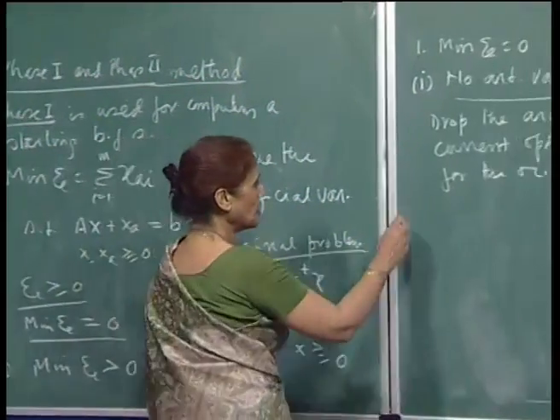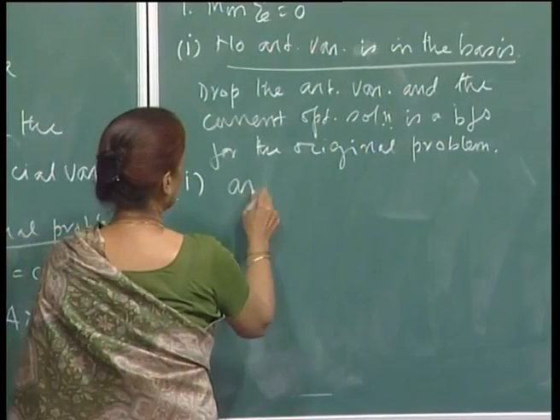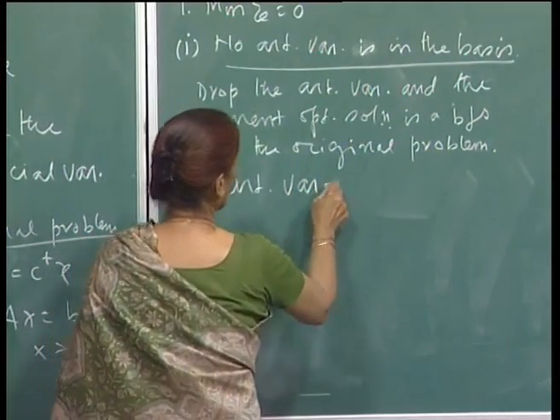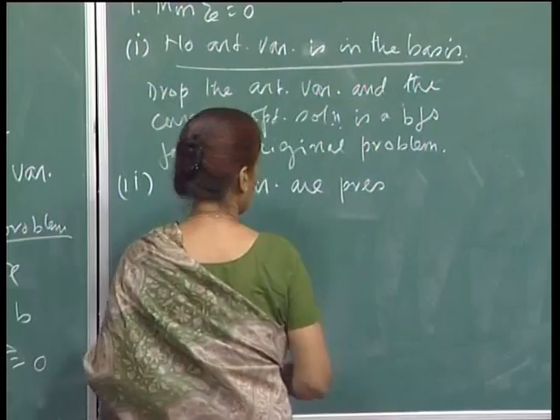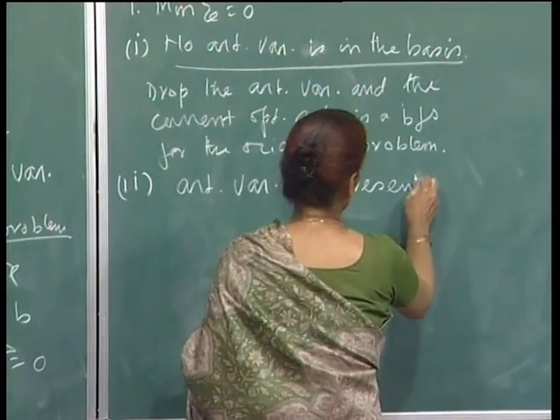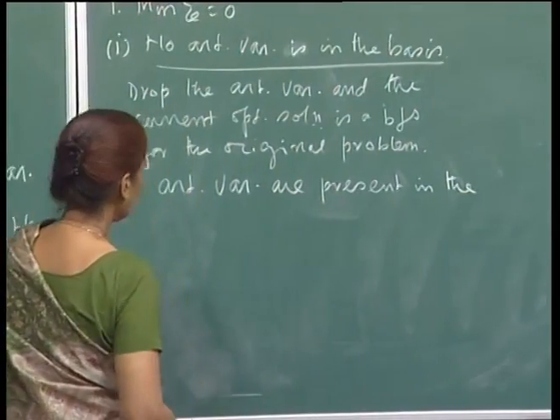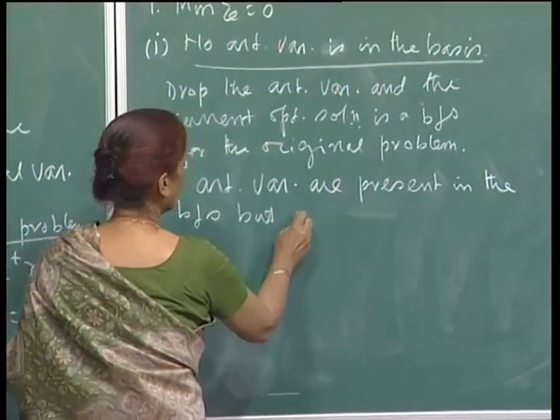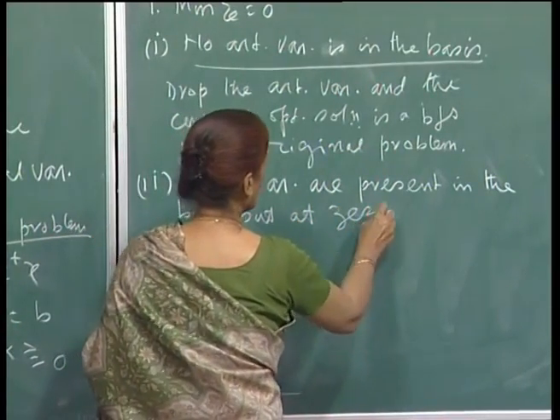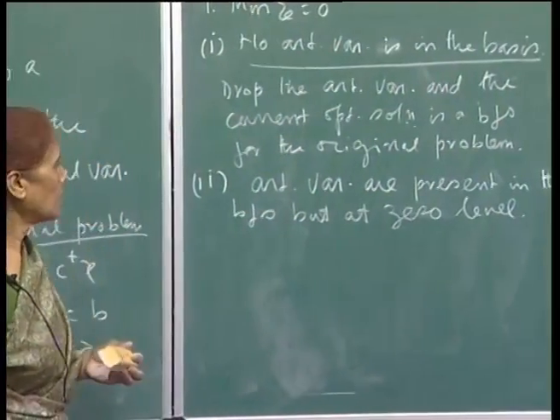Okay, what else is possible? Artificial variables are present in the basis, are present in the basic feasible solution, but at 0 level, right.